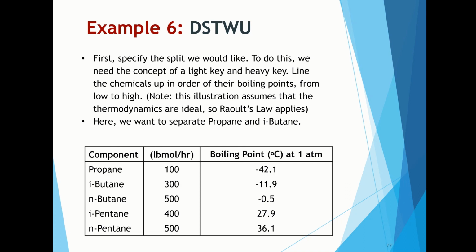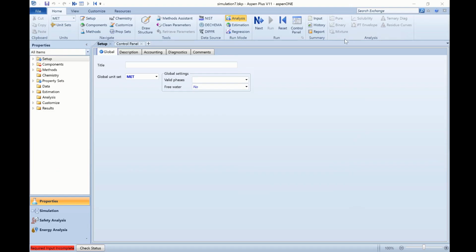So, let's return to ASPEN Plus. With a new simulation, go to Setup and set the unit of measurement to English unit, then click Next.